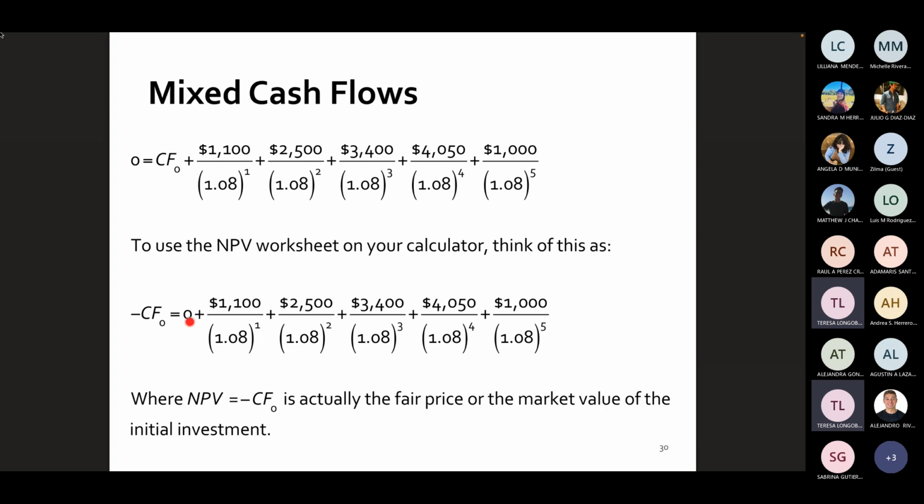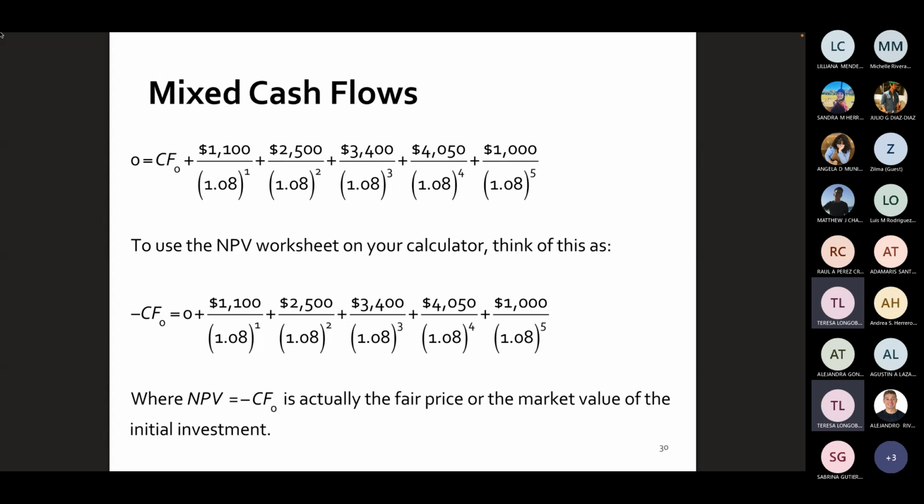So if you put a 0 in there, you're going to find the fair price as your NPV. It's what you would be willing to invest. Remembering that CF0 is a negative value, it's going to be exactly the NPV.